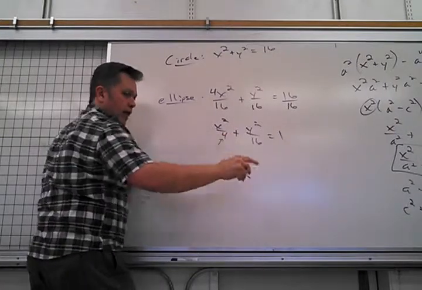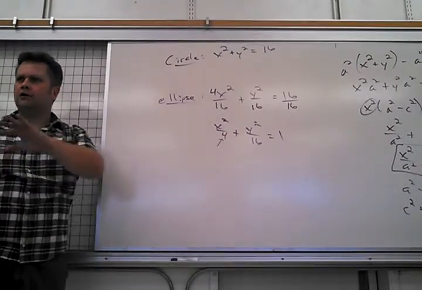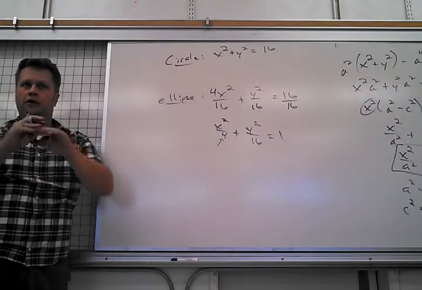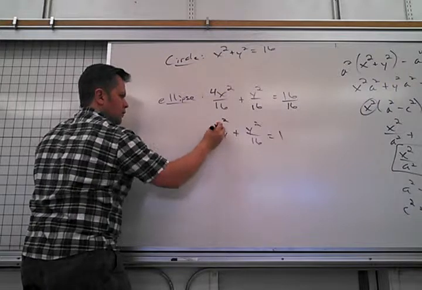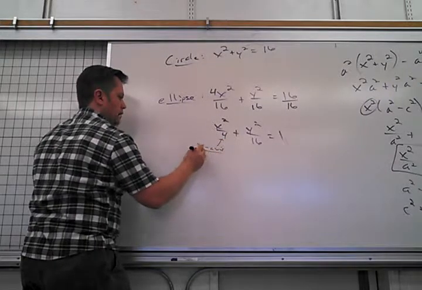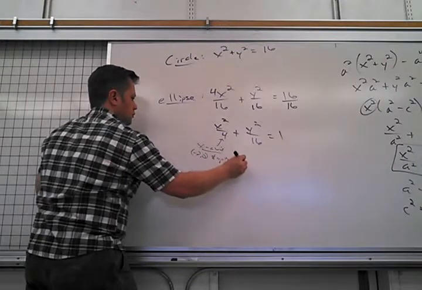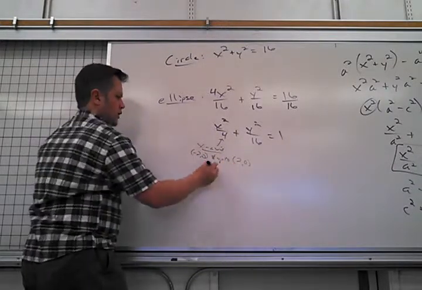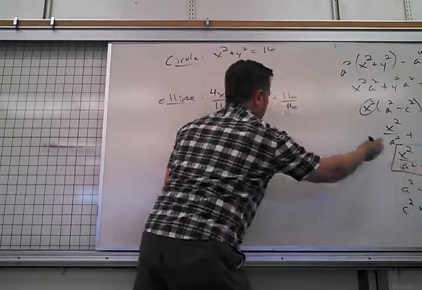Here's the breakdown. Now, on the handout, you have all the technical terms, the semi-major axis and semi-minor axis, the names of what's going on. Here's the beauty of it. We've already established that on the x-axis, it can go down to negative 2 and up to 2. So we say a squared is 4. See the 4?